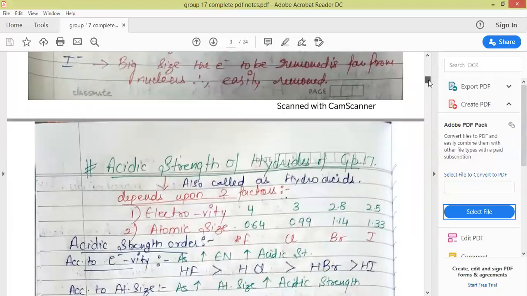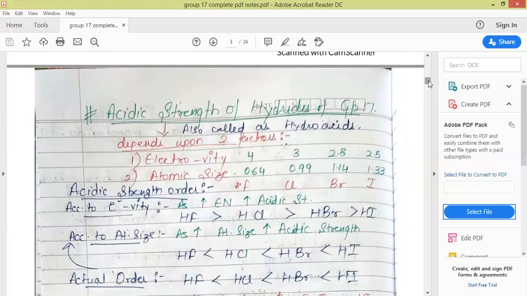Next we move to acidic strength of hydrides of group 17. As I have already discussed, these are also called hydroacids. In general, acidic strength depends upon two factors, electronegativity and the atomic size.